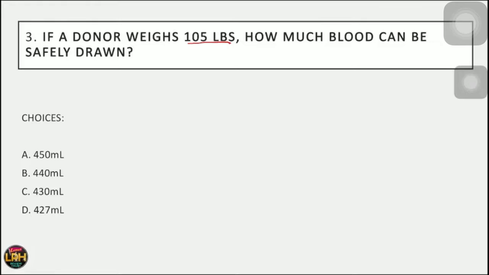For number 3, if a donor weighs 105 pounds, how much blood can be safely drawn from this prospective donor? So what we know from our previous item is that a prospective donor should have at least 110 pounds or equivalent to 50 kilograms to be able to donate 450 ml of whole blood.